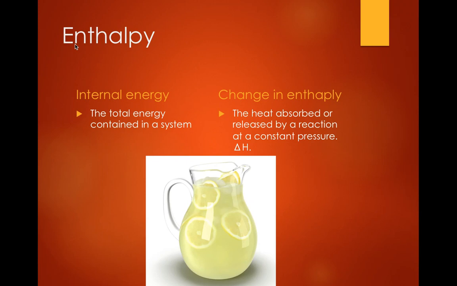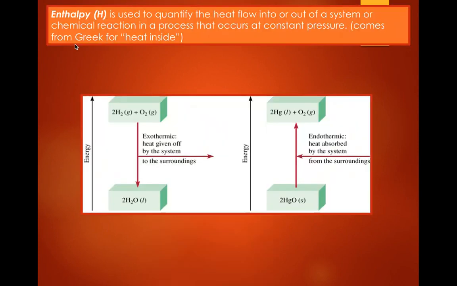It's open because there's no lid. Enthalpy is used to quantify the heat flow into or out of a system or chemical reaction in a process that occurs at constant pressure. It comes from the Greek word meaning the heat inside.